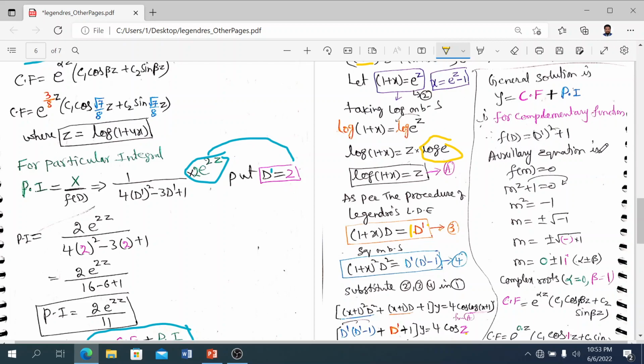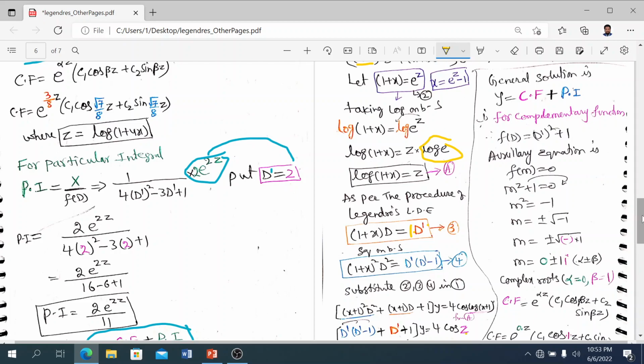What is our auxiliary equation? f of m equal to 0. Wherever D prime is there, substitute m. So m square plus 1 equal to 0. Send plus 1 there, it becomes minus 1, so m square is minus 1. Square root, plus or minus, square root of minus 1 means I. I means complex roots. So alpha equal to 0 and beta equal to 1.